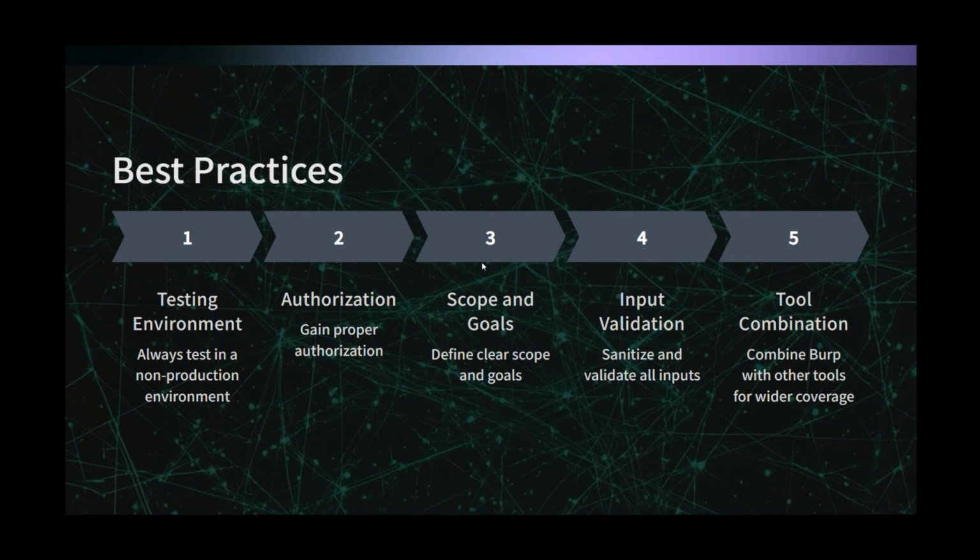When doing security testing for an application, first of all we have to inform the respective clients and gain proper authorization for the process. We have to set the scope and the goals of the security testing, the input validation, and the tools we are going to use.